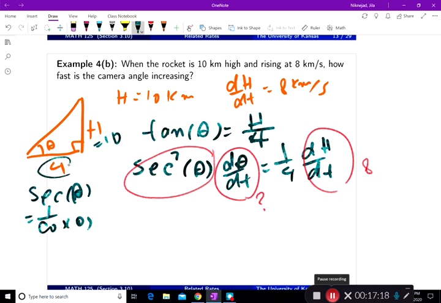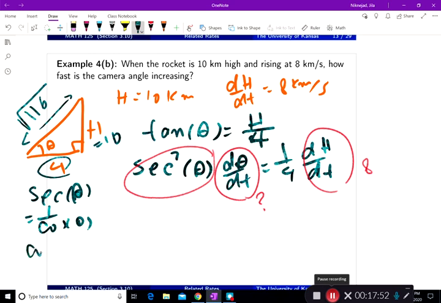Cosine theta is adjacent over hypotenuse, and the hypotenuse is this side. I can go with 10 to the power 2 plus 4 to the power 2, and the square root of that. 10 squared plus 4 squared gives me 116 over here, and so that's the hypotenuse.